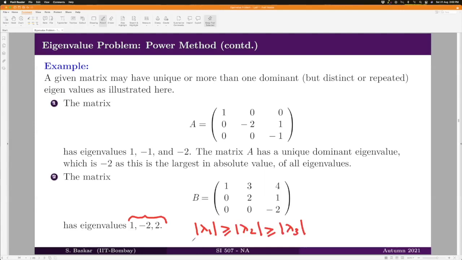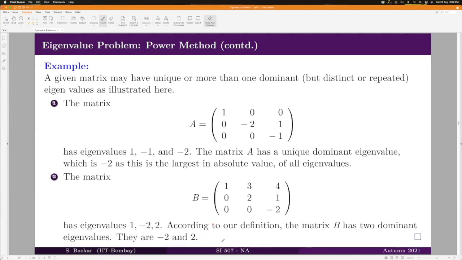And then you have to take the one which has the largest absolute value, which is what is called the dominant eigenvalue. Here you can see that there are two eigenvalues which contribute to being the dominant eigenvalue. Therefore, for the matrix B, the dominant eigenvalue is not unique. However, it has three distinct eigenvalues. This is an important point that one has to note.